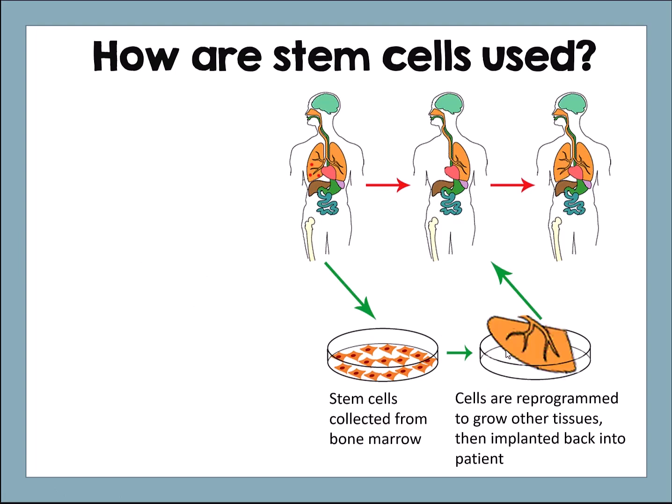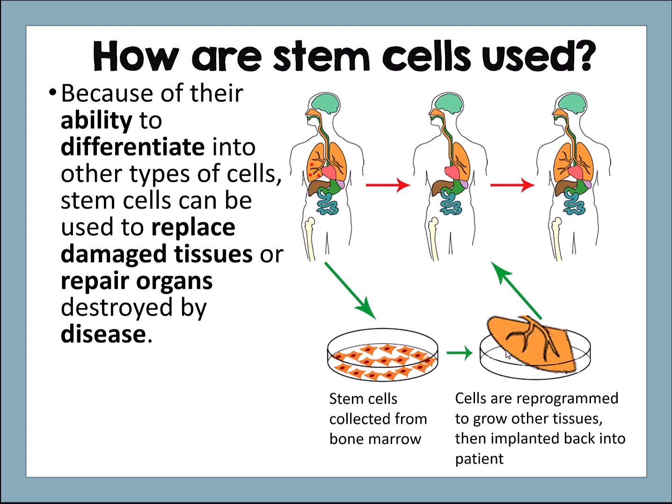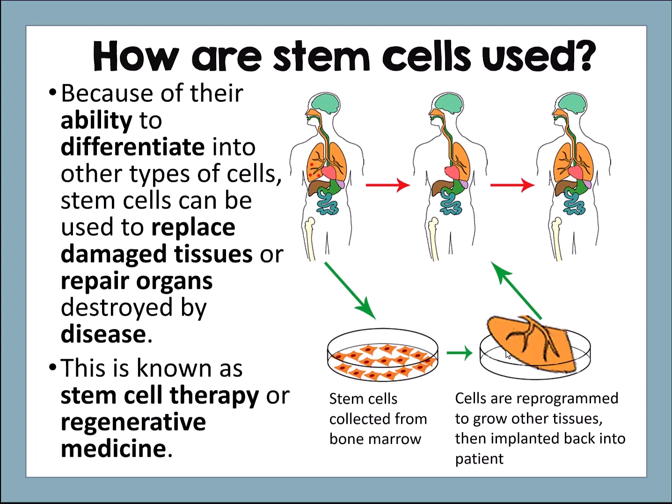So how can stem cells be used to our advantage? Because of their ability to differentiate into other types of cells, stem cells can be used to replace damaged tissues or repair organs that have been destroyed by disease. This is known as stem cell therapy or regenerative medicine.